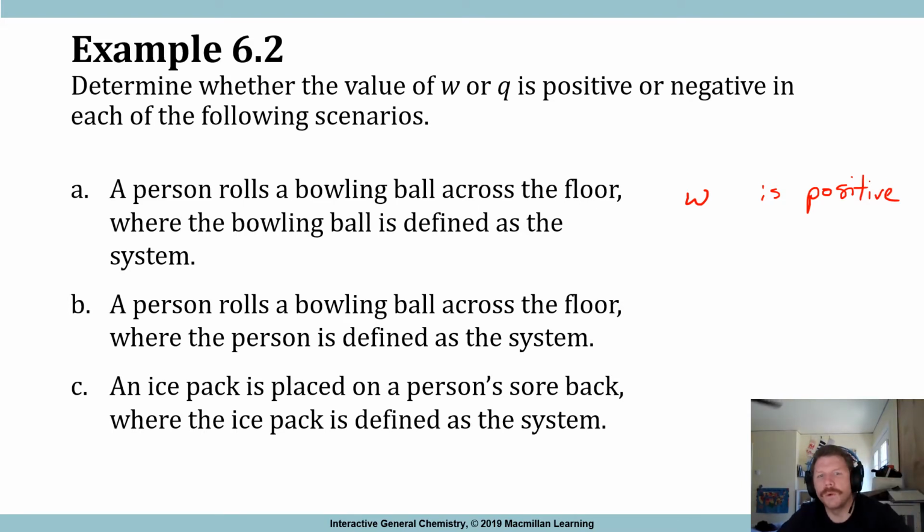B: a person rolls a bowling ball across the floor, where the person is defined as the system. In that case, W is negative. Finally, C: an ice pack is placed on a person's sore back, where the ice pack is defined as the system. In that case, Q, or heat, is positive.